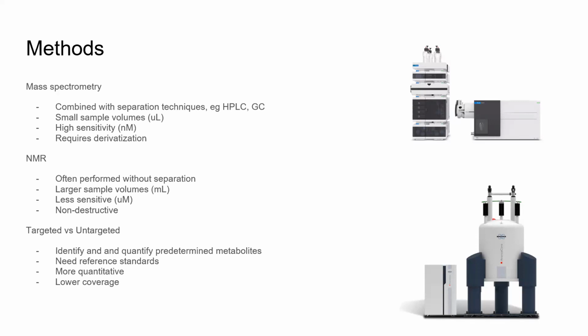However, NMR is considered to be more reproducible than mass spec, and both methods are somewhat complementary. NMR can look at some of the metabolites that maybe mass spec can't.